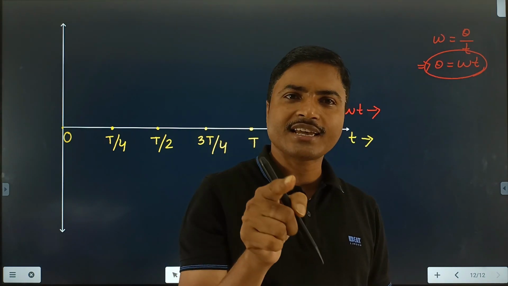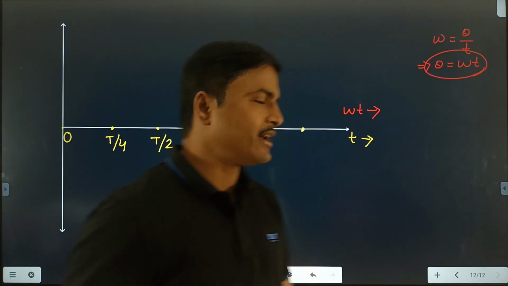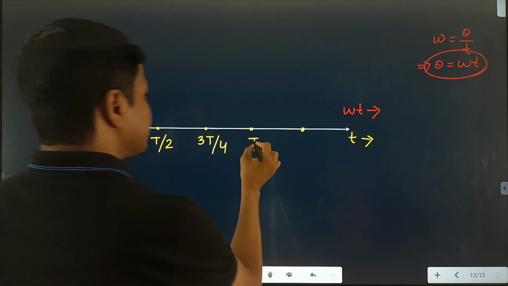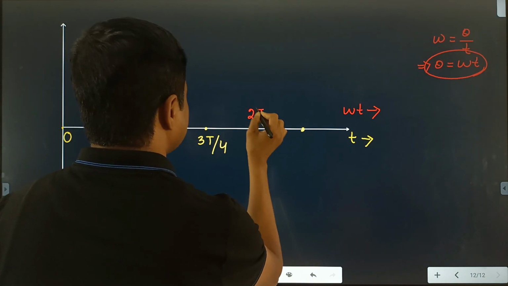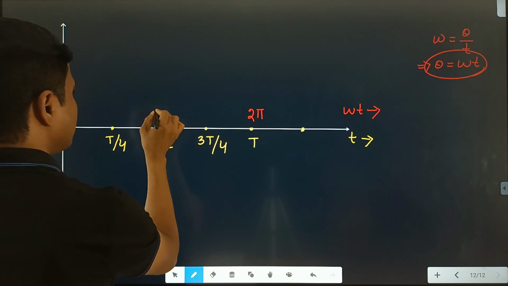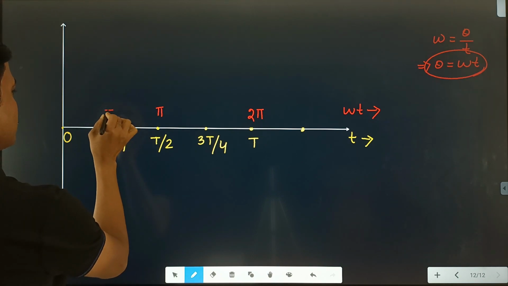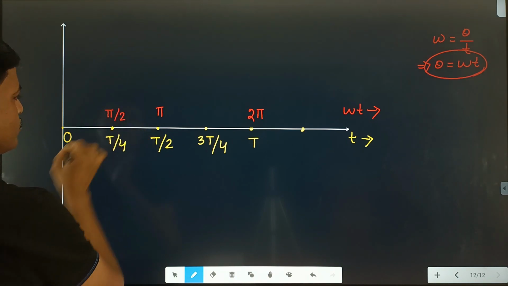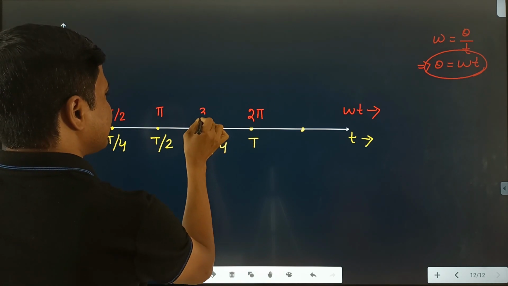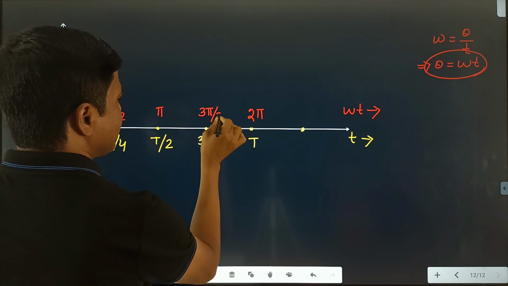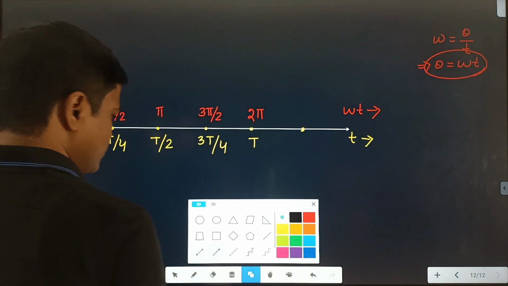To complete one cycle means total angular displacement, that is twice pi radian. So in place of T, we write here 2 pi radian. In place of T by 2, we write pi radian. In place of T by 4, we write pi by 2 radian. In place of 3T by 4, we write 3 pi by 2 radian. Clear?